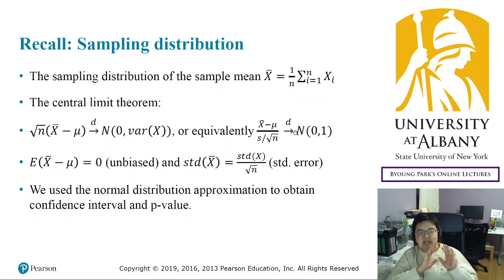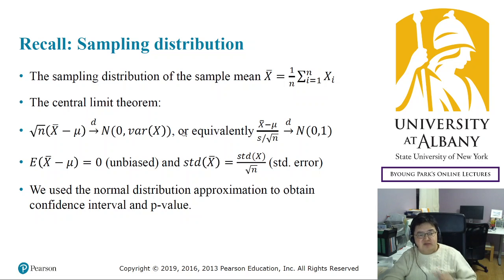It is not the exact distribution, but it is an approximation to a normal distribution by the central limit theorem, and it's very powerful. When I teach 320 economic statistics, everything is based on this.